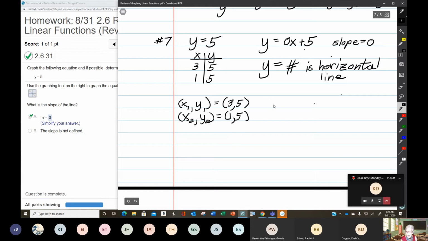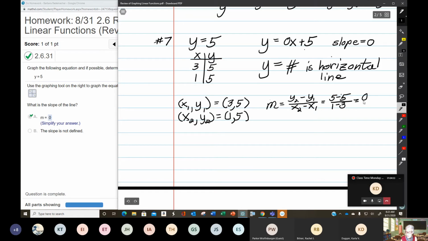Now, slope equals y2 minus y1 over x2 minus x1. And that's going to be 5 minus 5 over x2 minus x1, that's 1 minus 3.